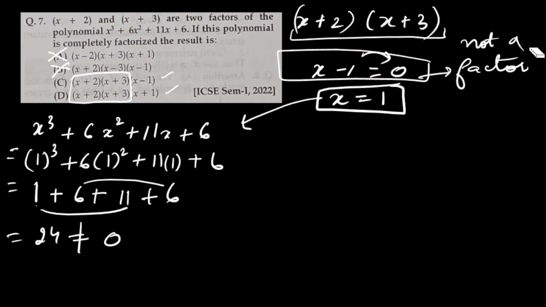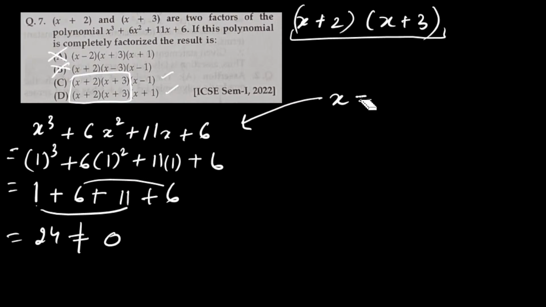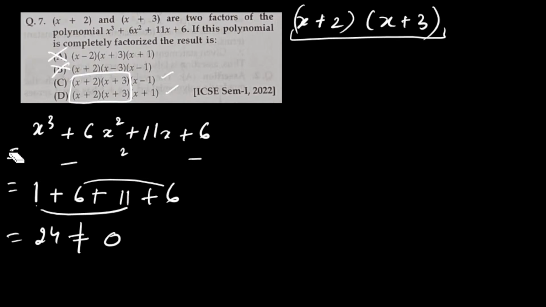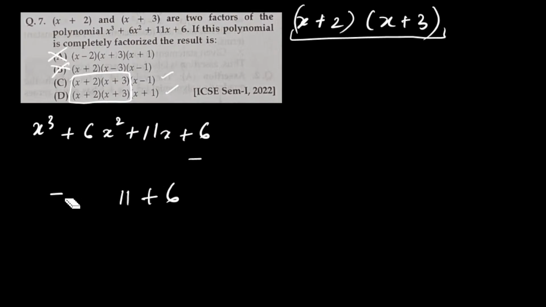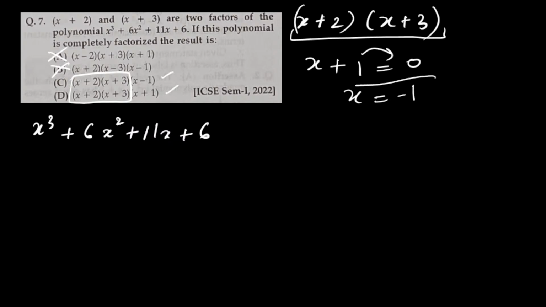So let's check with x plus 1. We just have to check. So if I check with x plus 1, if my remainder is 0, that means x plus 1 is a factor. So x plus 1 I will use, and I will find the value of x from here. So plus 1, when I shift to the other side, it will be minus 1. So the x value we found is minus 1.